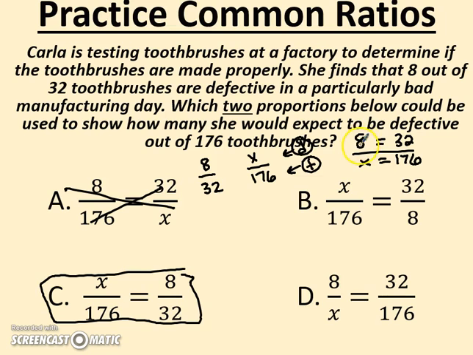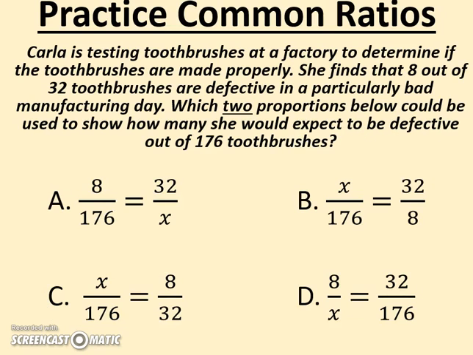Here we also see 8 equal to 32 and x equal to 176, so this is our other option. So both C and D could be used to show and figure out the value of x.